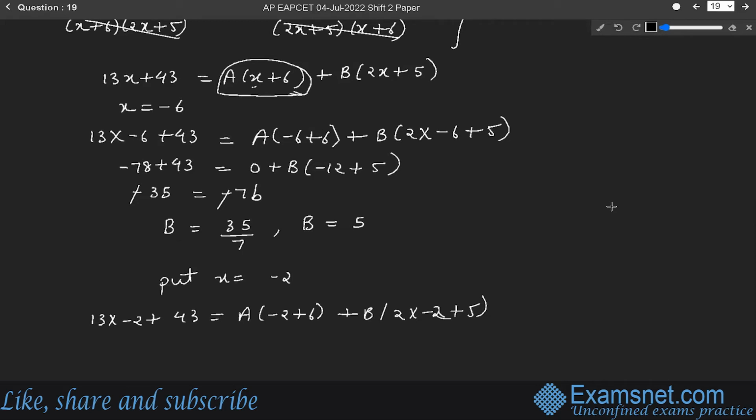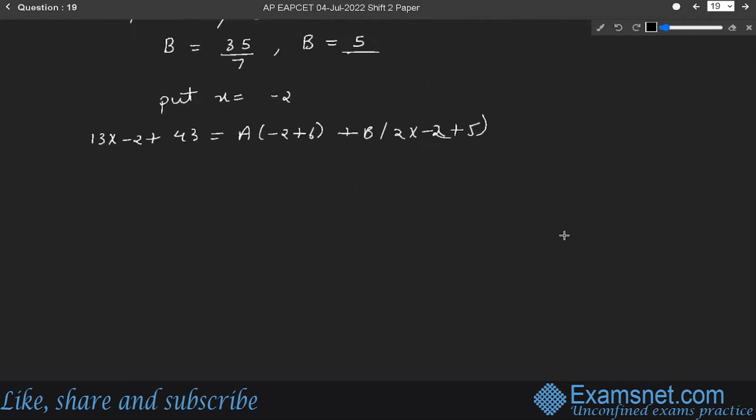So if we put minus 2 here, then the bracket becomes 1, because 2 into minus 2 plus 5 will be 1. And we already know the value for b here. That is why we have to transform this as only b, meaning we have to eliminate the terms inside the bracket. So thinking of the terms, we have to put the values of x.